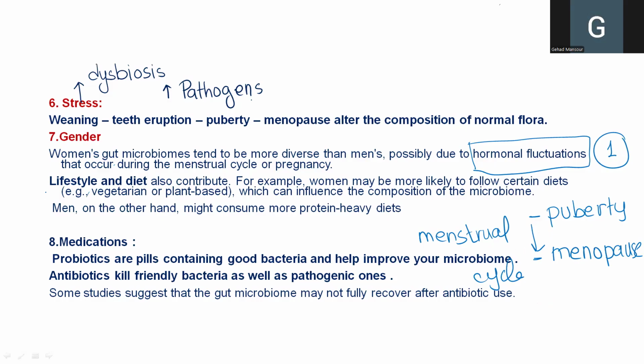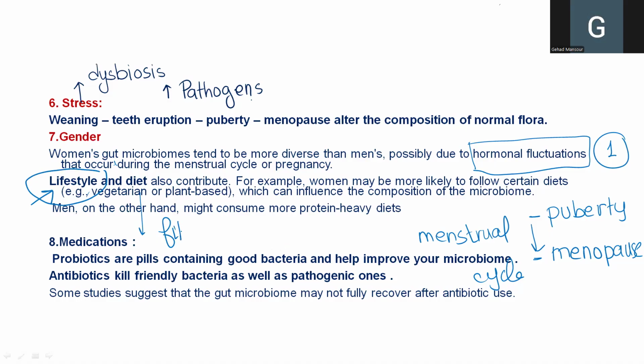We also have the lifestyle, because the females usually have more diversified diets that depend mainly on vegetables, which are good food for friendly bacteria. Why are vegetarian diets better?